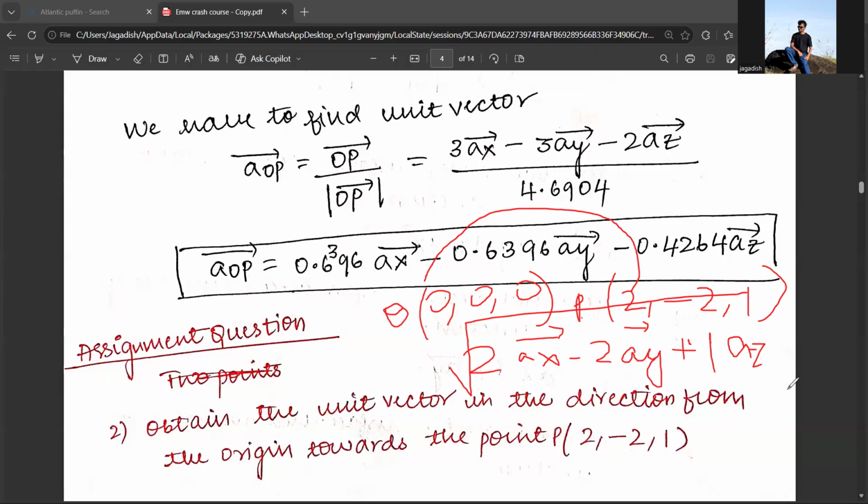Root 9, 4 plus 4 plus 1. Is it root 9? See, improve your calculation speed. All 5 modules are based on calculation only. If you do calculation only, you will get derivations. Very rarely are they asked.